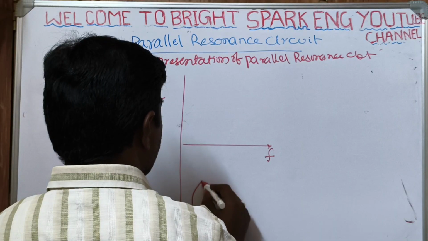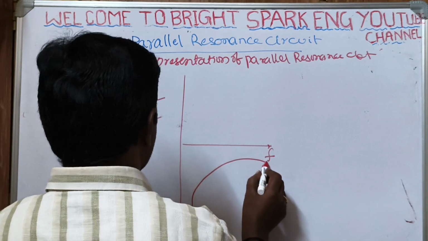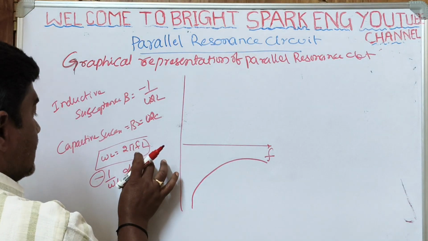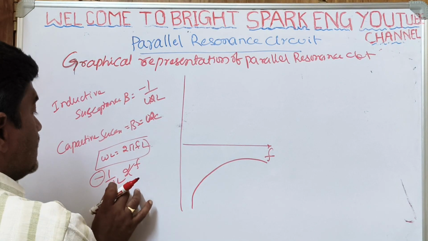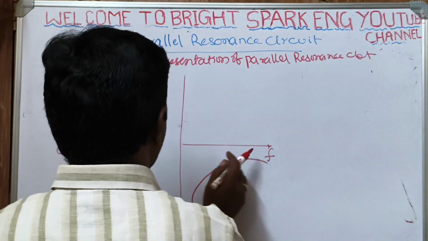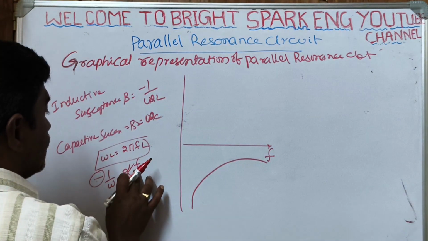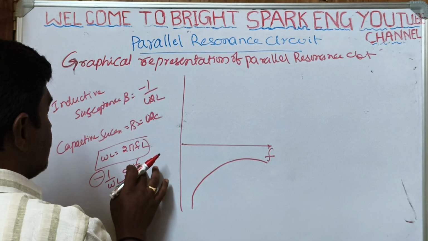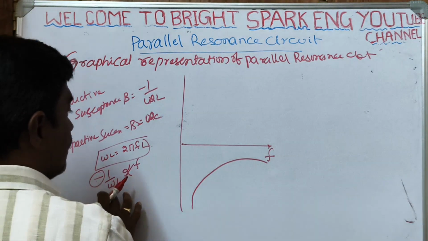So here, when frequency increases, omega L increases, sorry, when frequency increases, XL... Initially frequency is 0. So this is frequency 0. Then inversely proportional means omega L is maximum.